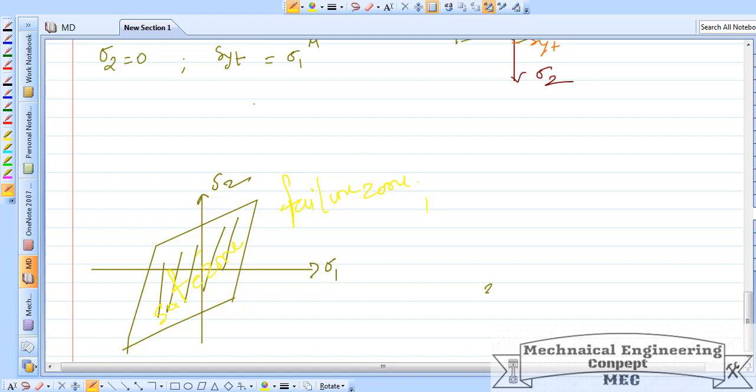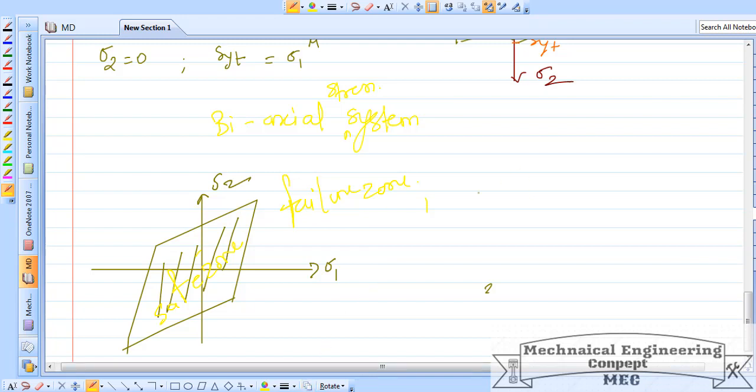This is the plot for the biaxial stress system, and this theory is mainly preferred for ductile material.